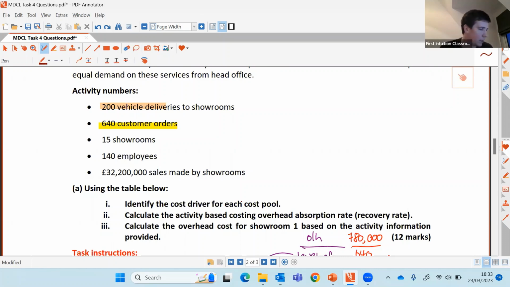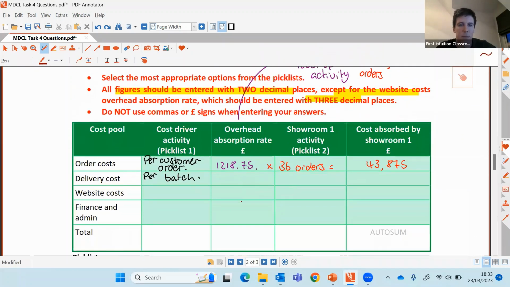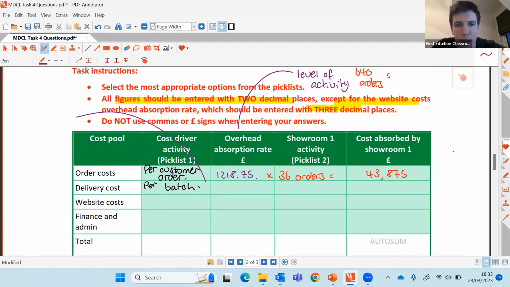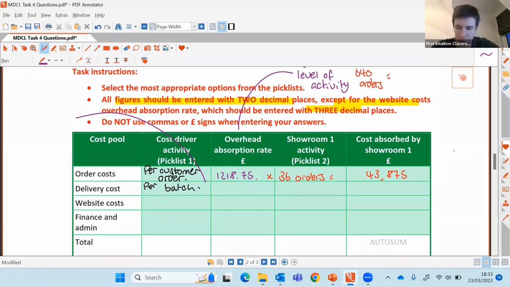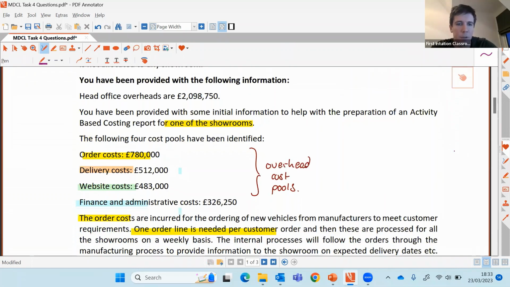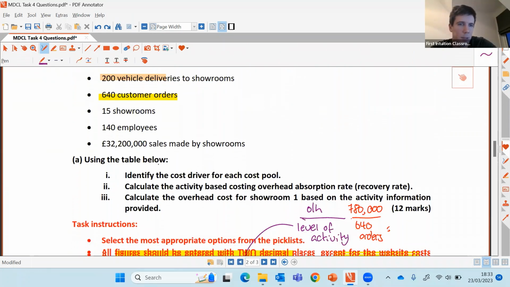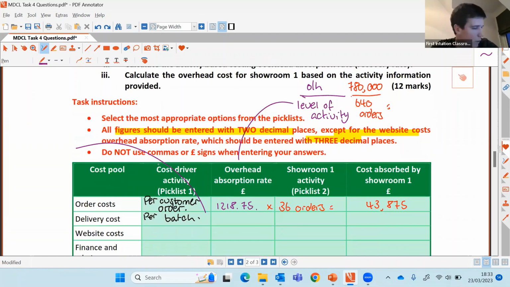Okay. As a result, our overhead absorption rate, which I'll try and put, say, over here, is going to be our total delivery costs of 512,000 divided by the number of deliveries, of which there were 200.